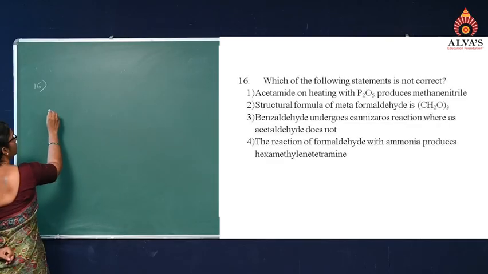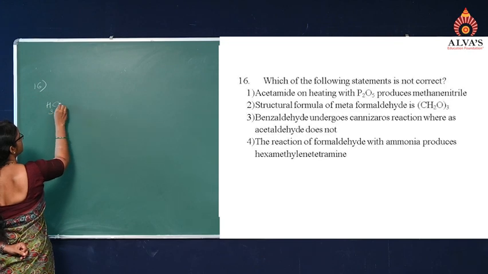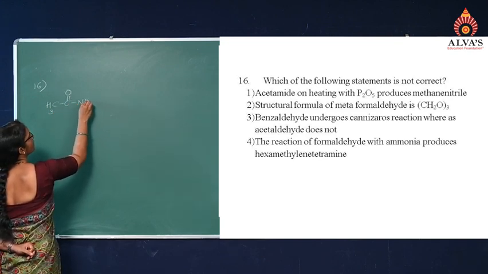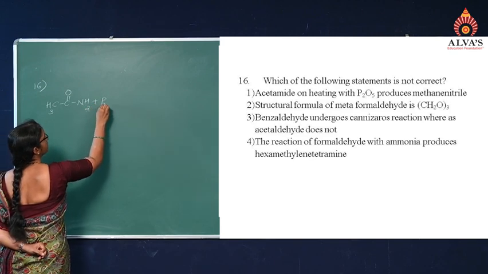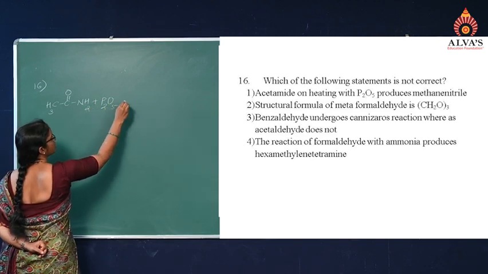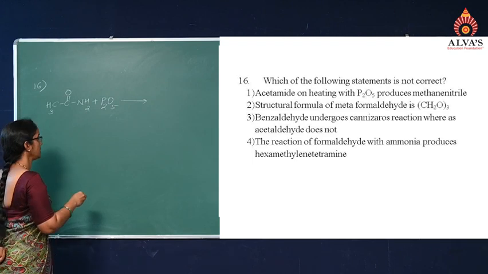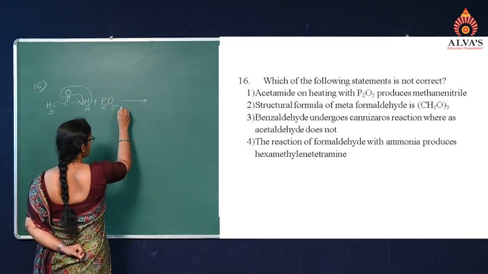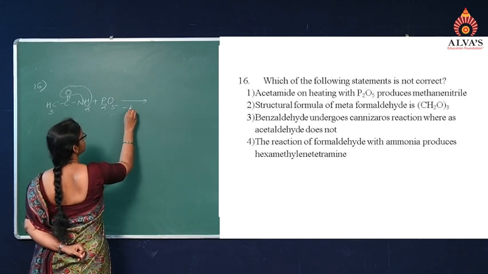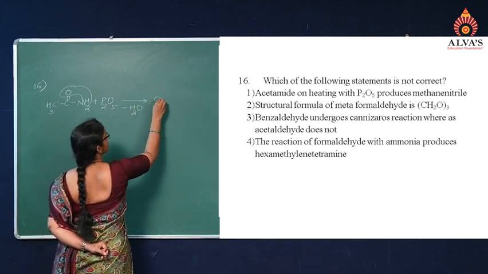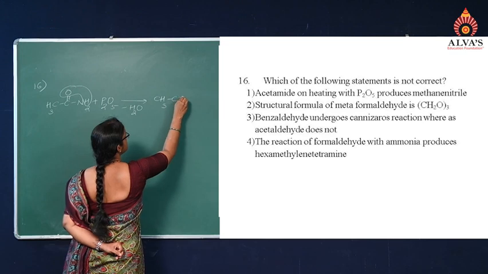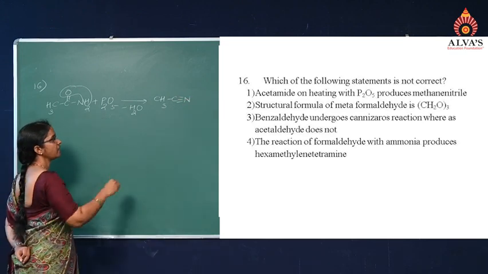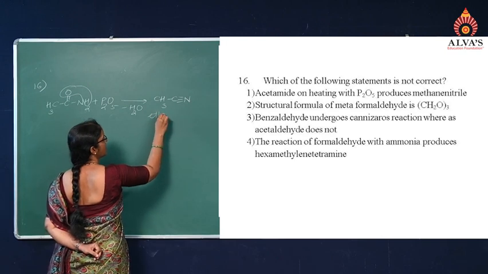Now, acetamide on reaction with P2O5. Remember, phosphorus pentoxide is a strong dehydrating agent, and on dehydration, the resulting compound is CH3C triple bond N. CH3C triple bond N is ethane nitrile.